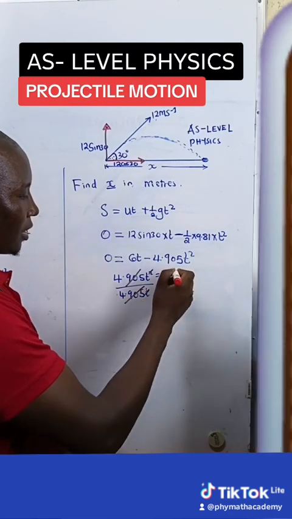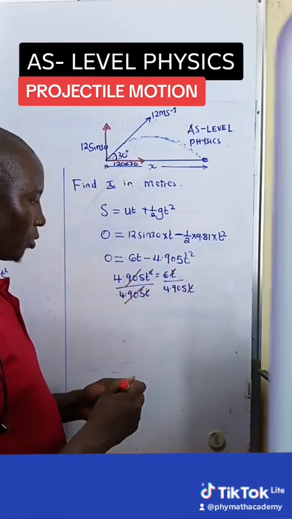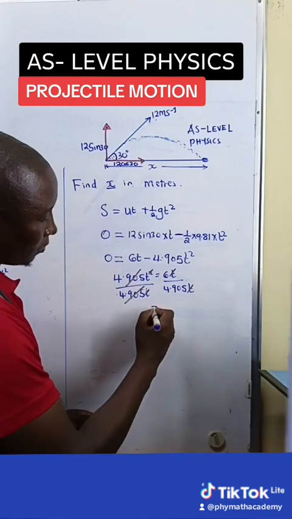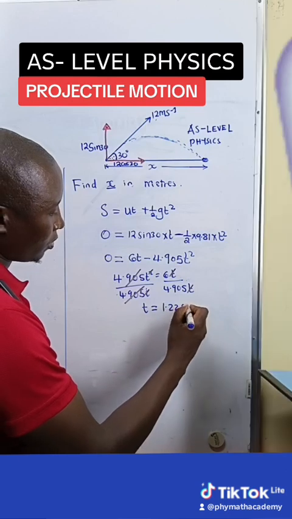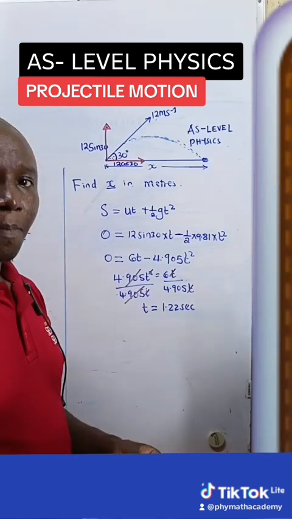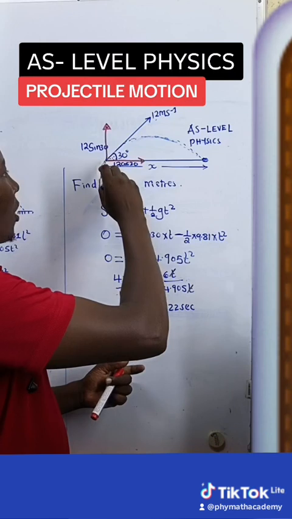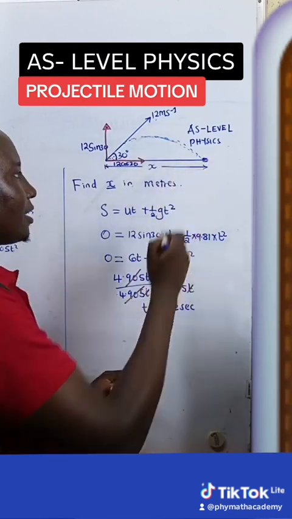If you divide the two, we are going to get the value of t to be 1.22 seconds. Which means that this object is going to take 1.22 seconds to land here.